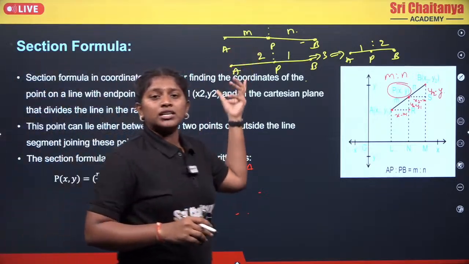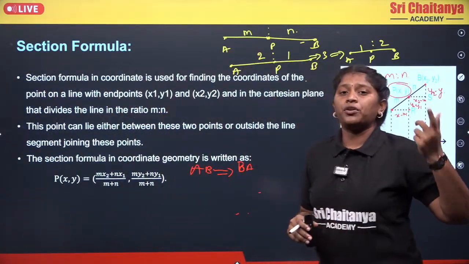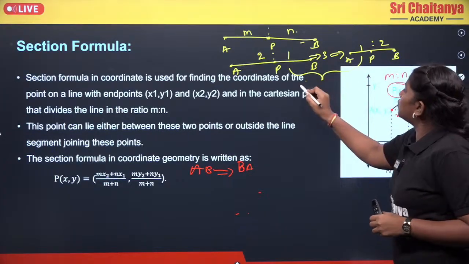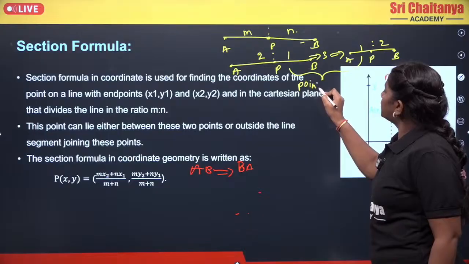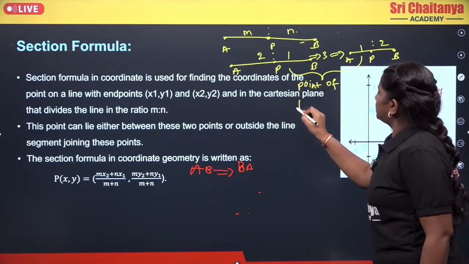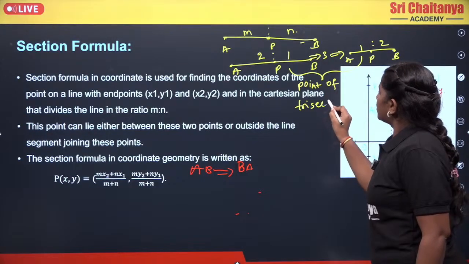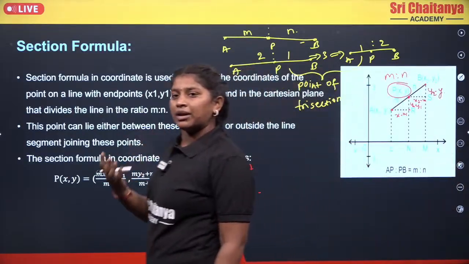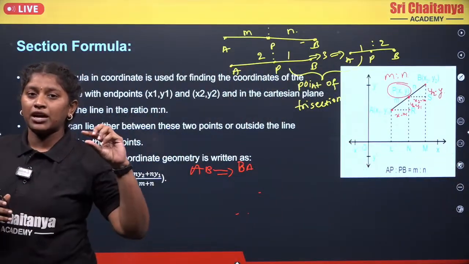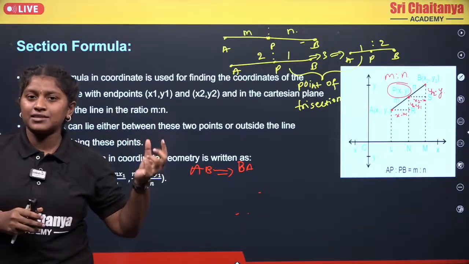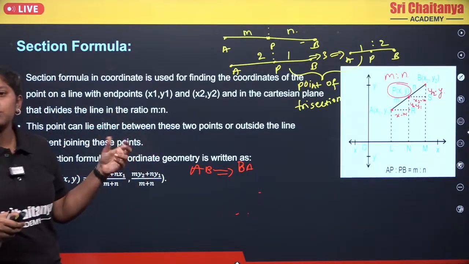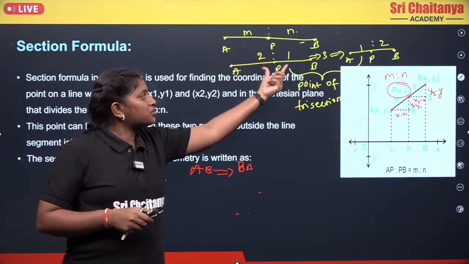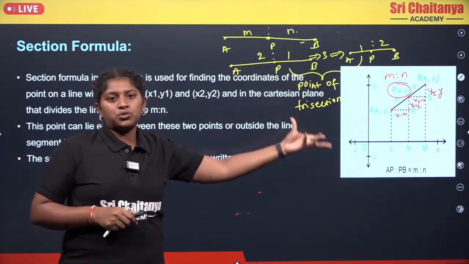Now these two conditions are called the point of trisection. Now suppose in the question they mention that the given point is dividing the line segment as the point of trisection, what ratio do you have to consider? You have to consider either 2:1 or 1:2.